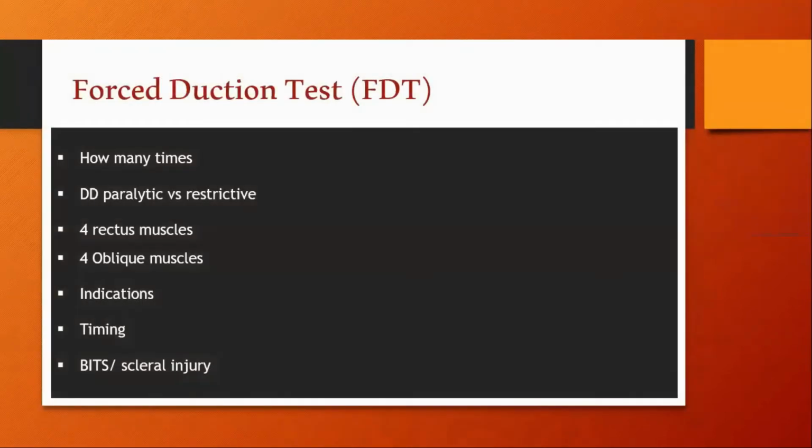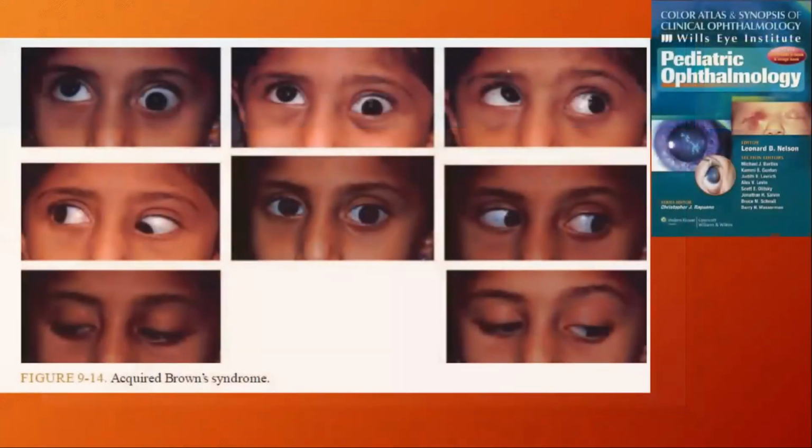Ma'am, can we offer a DD of double elevator palsy and all? Is this in this case, ma'am? Okay, so let's see here. Suppose the examiner asks you for the differential diagnoses. He seemed to be unhappy with your one-diagnosis answer.